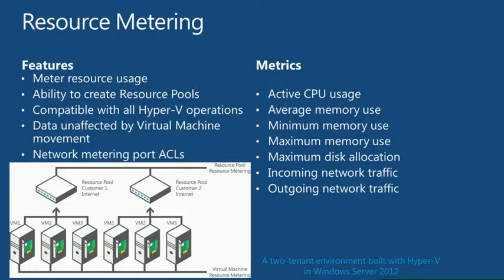When you create your VM, you could turn on resource metering, start watching the multiple metrics that you want to monitor, and then build a chargeback solution at the end of the month, right? Whether it's a single VM or multiple VMs, you now have the ability to better understand what kind of resources it uses and how much it uses. And at the end of the month, you could charge back to your customers, saying this amount of CPU was used, this is the storage that you used, this is the network bandwidth that you used.